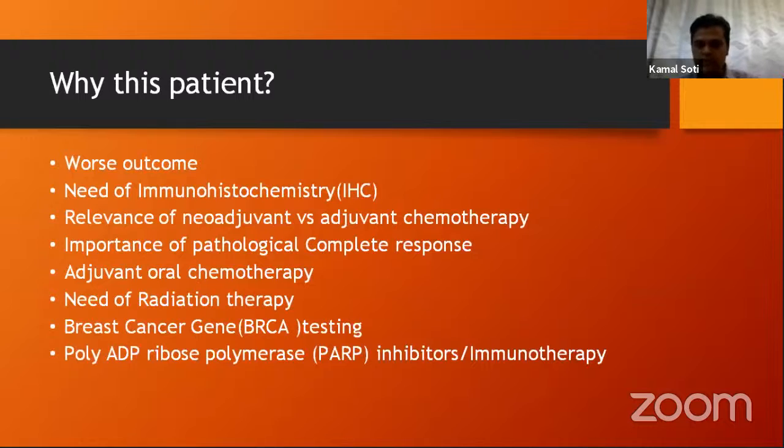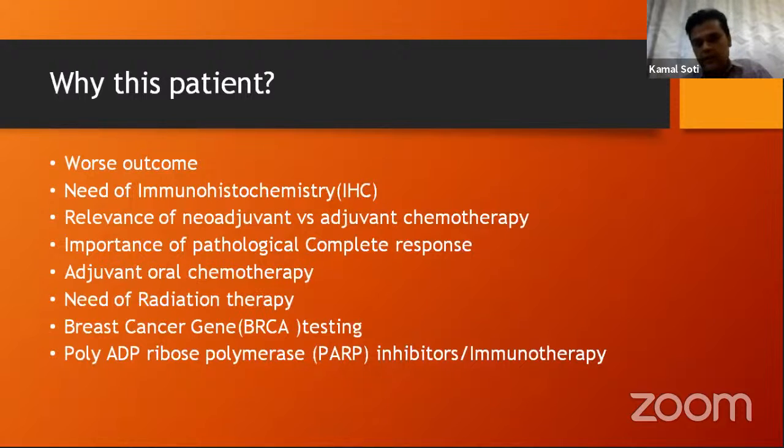I chose this patient because of the worst outcome of this patient in a clinical scenario. When we talk about breast carcinoma, triple negative breast carcinoma is the subtype which has a poor outcome. There is an immense need of doing immunohistochemistry to diagnose such patients.